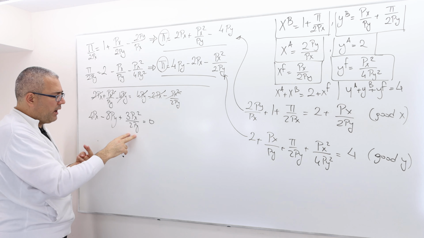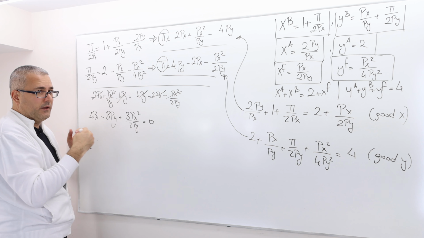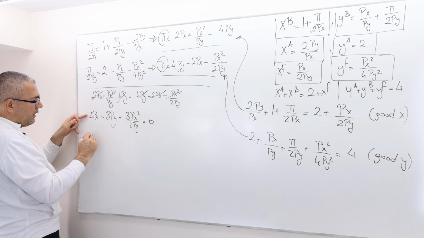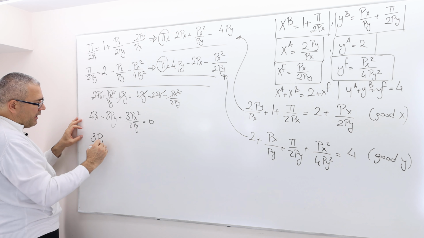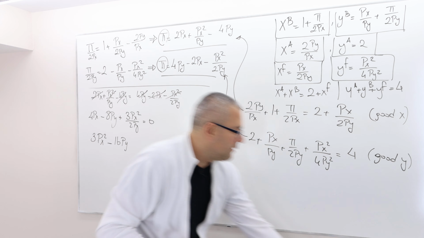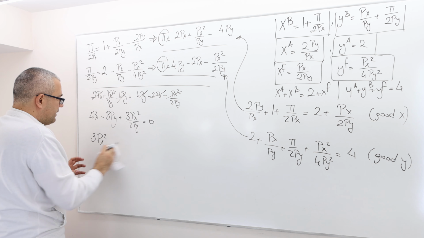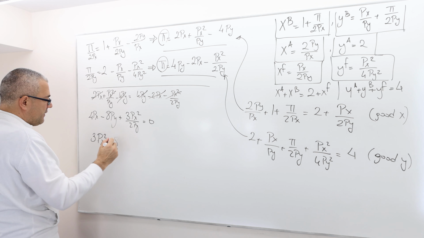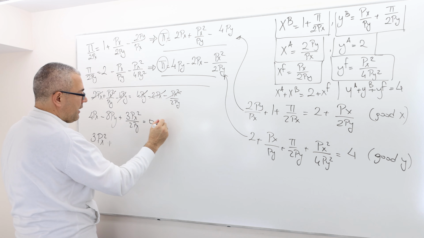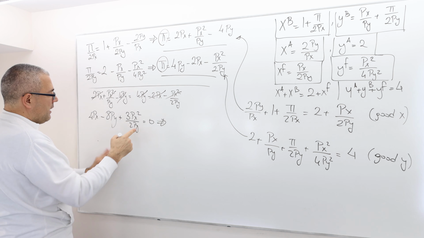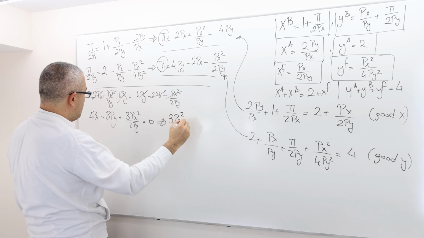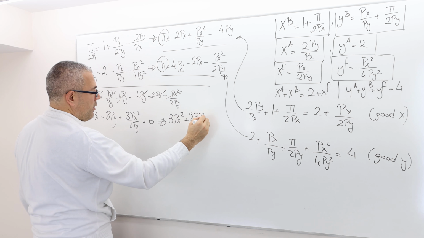I'm going to get rid of 2py. How can I do that? Multiply both sides by 2py. So this is equivalent to the following, and let me rearrange. Once I multiply both sides by 2py, this is what I'm going to get: 3px squared plus 8pxpy, right?